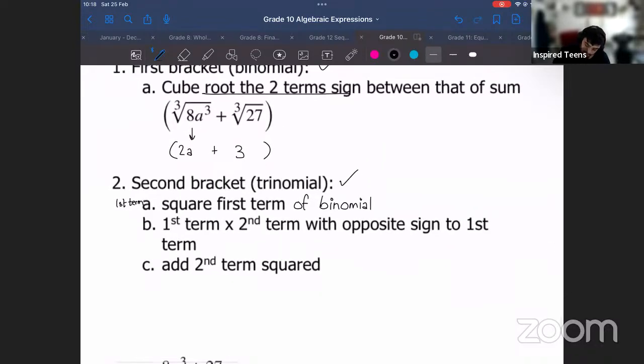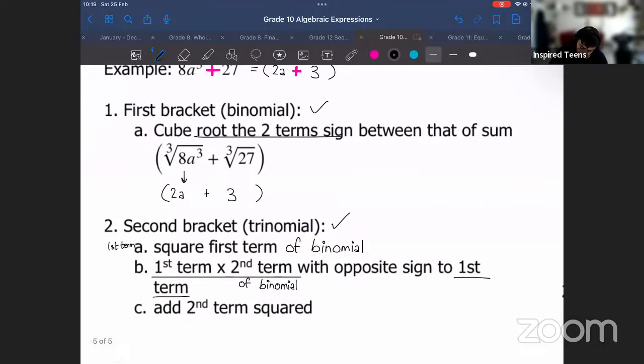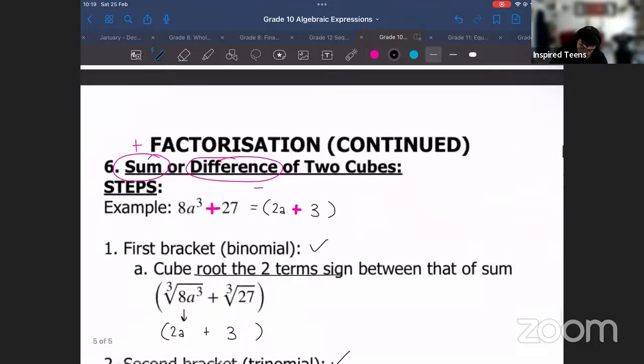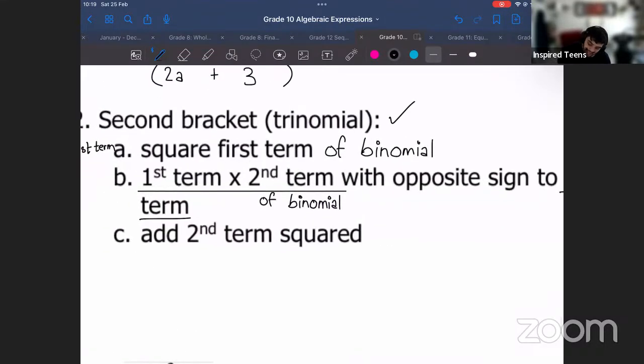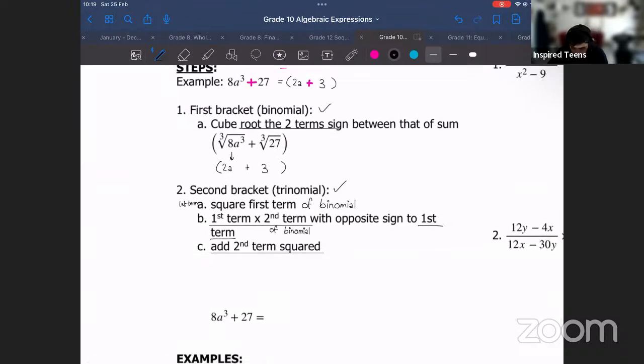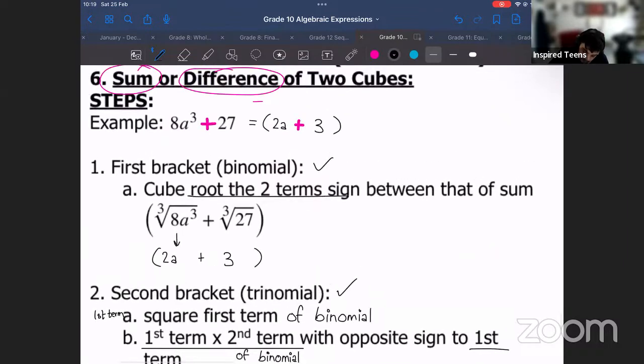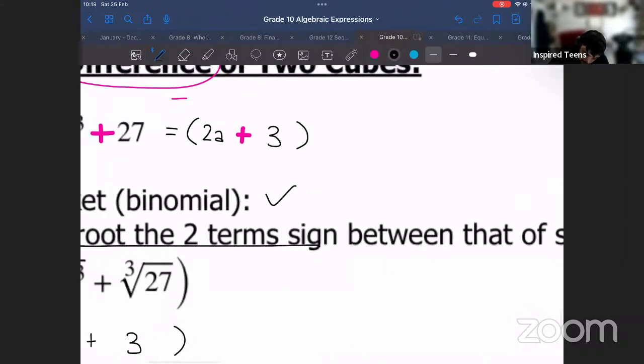Then the second thing is the first term times the second term, again of the binomial, with opposite sign to the first term. And then add the second term squared. I'll explain with an example, it will make more sense. So how do we form this trinomial? Okay, let's take it step by step.